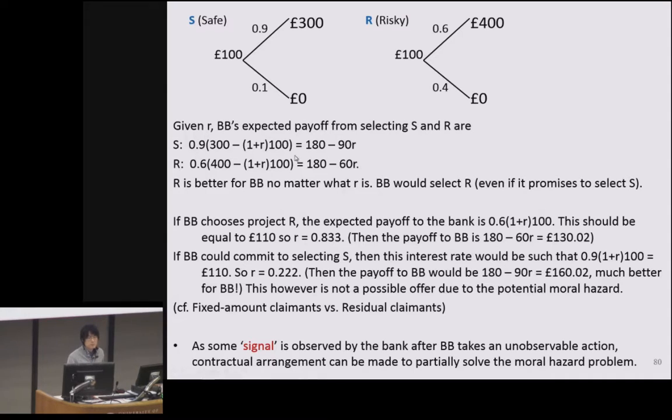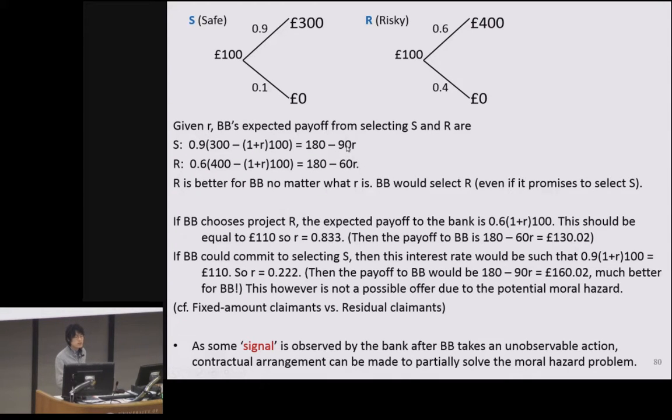So after the payment, Brown Bakery's expected payoff is 180 minus 90R pounds. If they choose the risky project, then the project will succeed with 60% probability and make £400. So after repayment to the bank, Brown Bakery's expected payoff is 180 minus 60R.